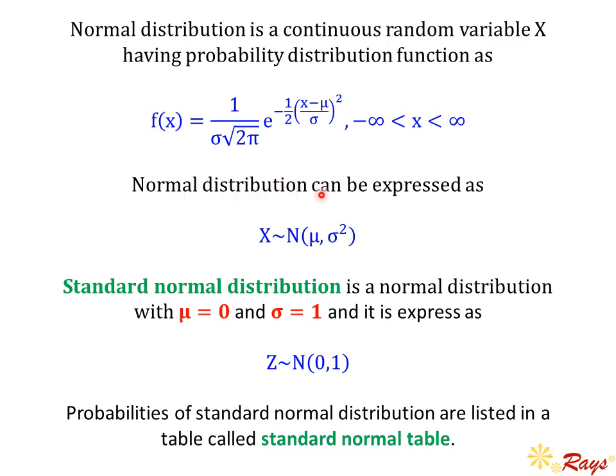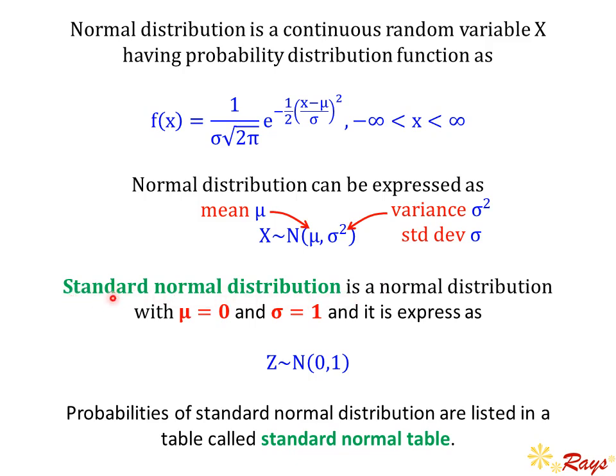And normal distribution can be expressed as X ~ N(μ, σ²), where μ is the mean and σ² is the variance. So if σ² is variance, then standard deviation is σ. And we have a special type of normal distribution which is called standard normal distribution.